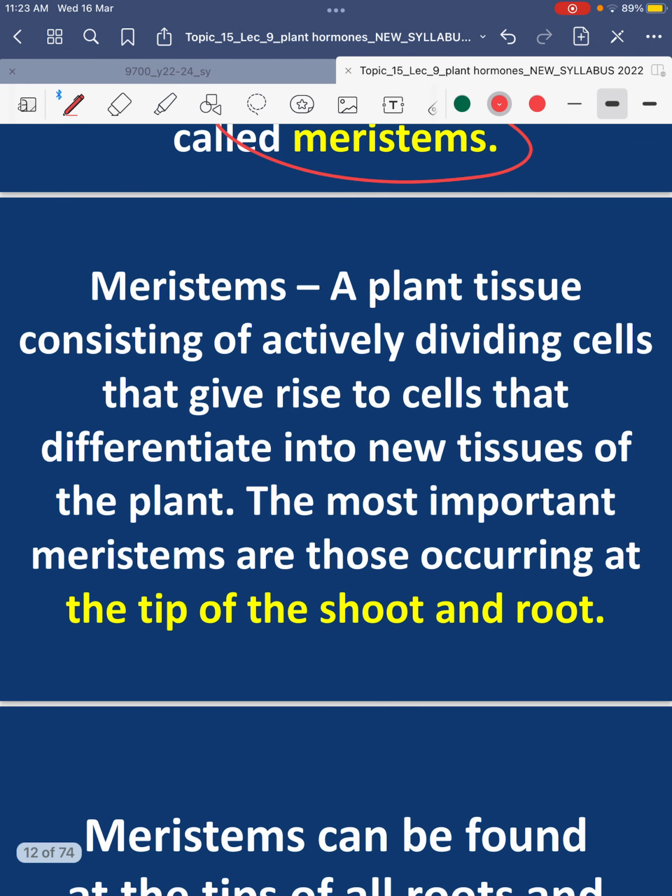So meristem are basically specific regions of the plant, like the root tip and shoot tip, where cells are dividing, cells are undergoing differentiation, and undergoing maturation.